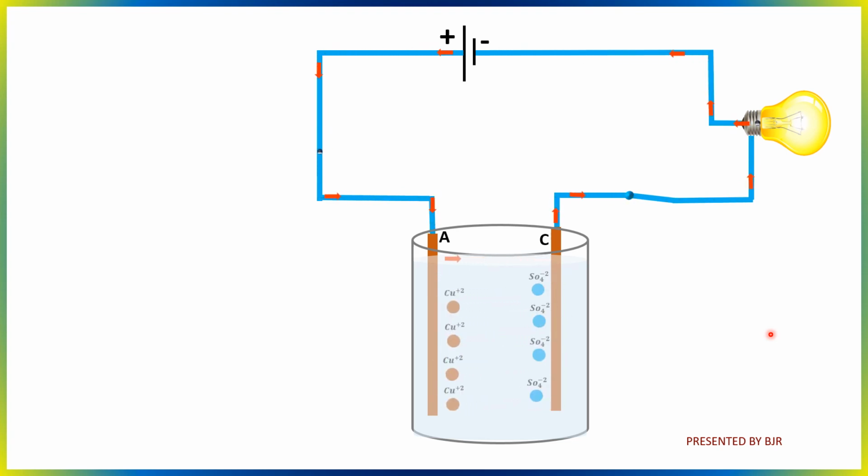From now onwards, in all our next coming circuits, I will show you only the conventional current direction. It is from positive to negative. That means we have to show the conventional current direction opposite to the direction of electrons flow in a conductor. Okay. Thank you.